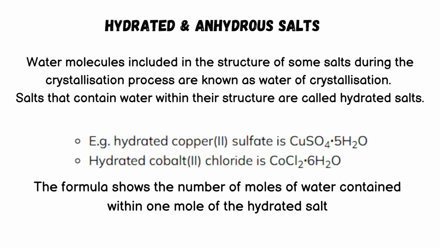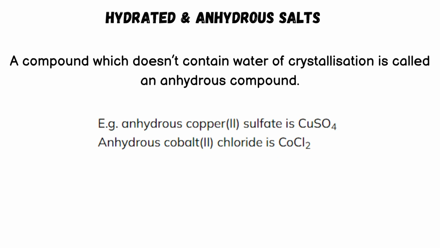Hydrated cobalt(II) chloride is CoCl2.6H2O. The formula shows the number of moles of water contained within 1 mole of the hydrated salt. A compound which does not contain water of crystallization is called an anhydrous compound. Example, anhydrous copper(II) sulfate is CuSO4. Anhydrous cobalt(II) chloride is CoCl2.